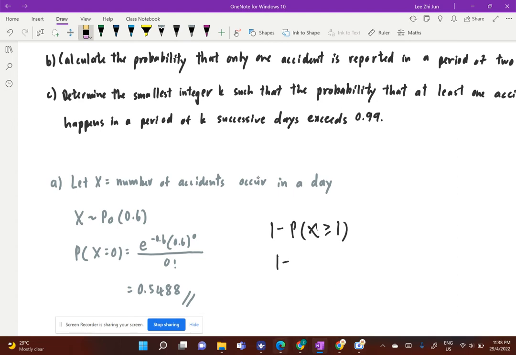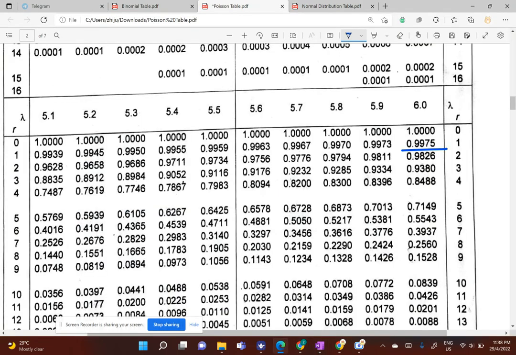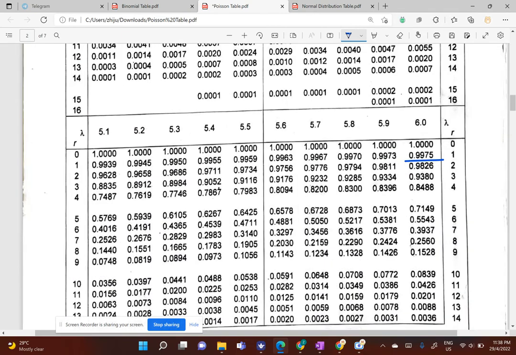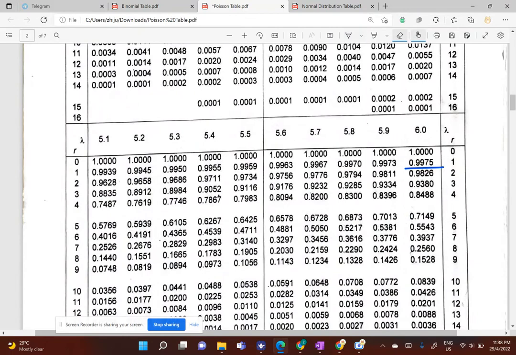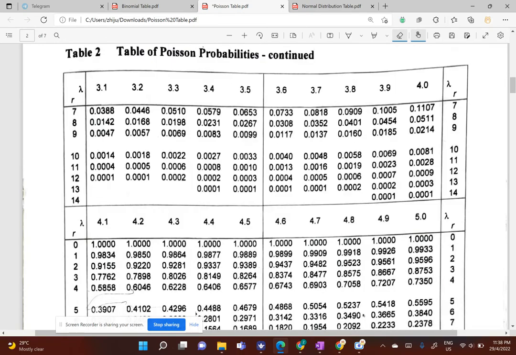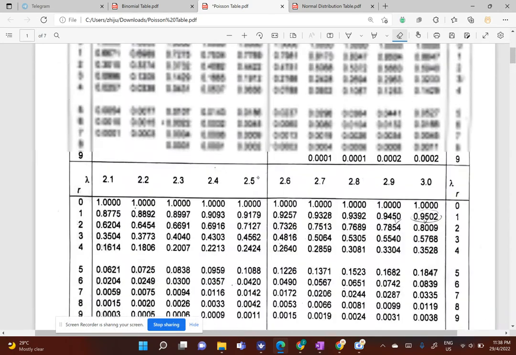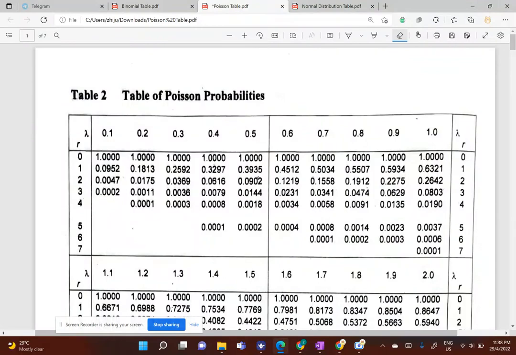So let me go to 0.6. Let me find it. Sorry, it's 0.6.